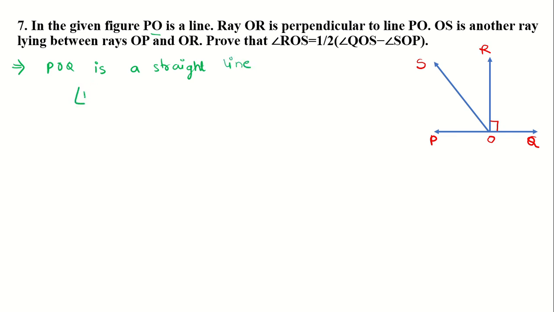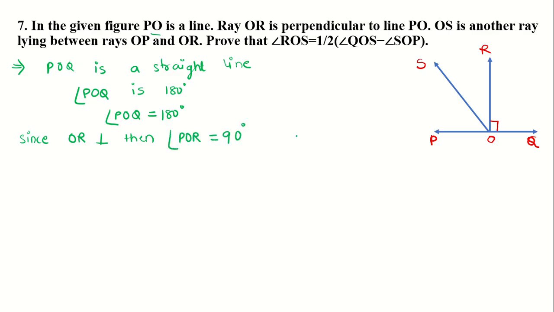So from the property of linear pair of angles, angle POQ will become 180 degrees. Right? And since from the question ray OR is perpendicular, angle POR will be 90 degrees.